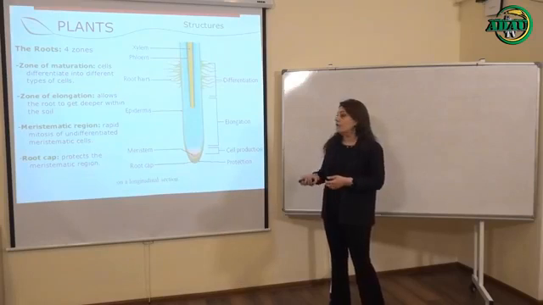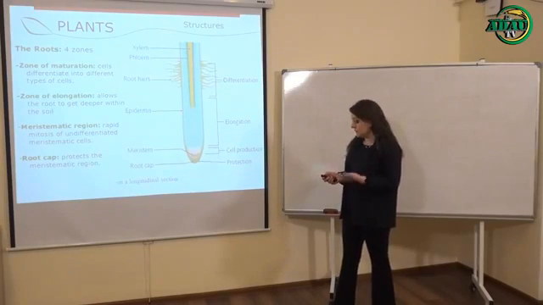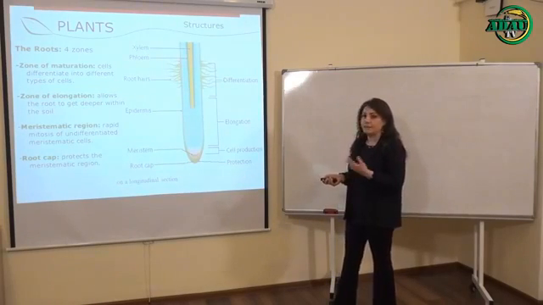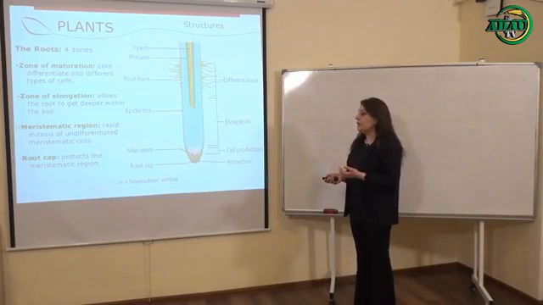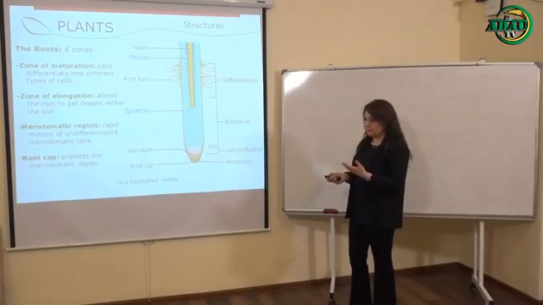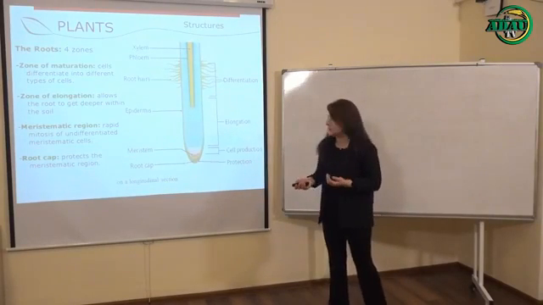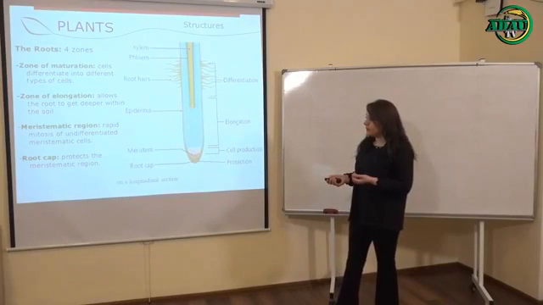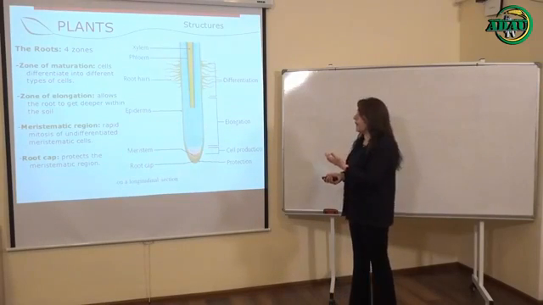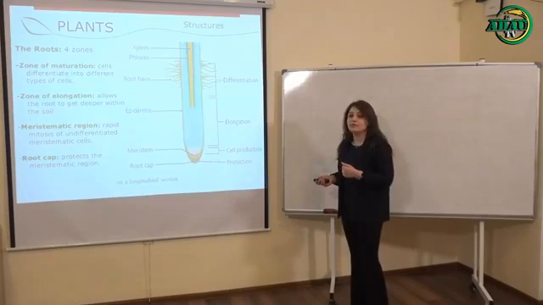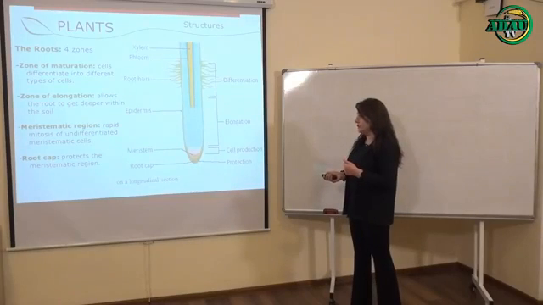and in this time it pushes its way through the soil. And the parenchymatous cells of the root cap slough off in the case of frictional resistance, and they are replaced by the cells formed by apical meristems.